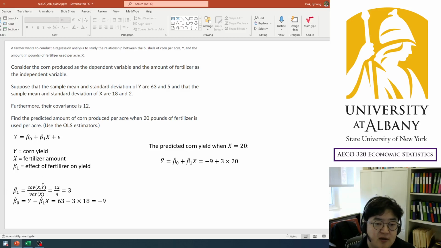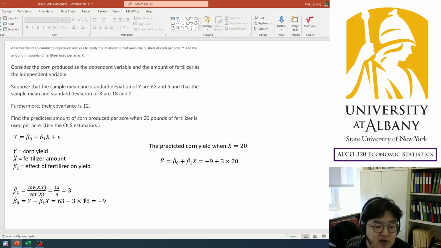Beta 1, the OLS estimator, is calculated as the ratio between covariance and variance, which are given. Covariance is 12. Variance of x is the standard deviation of x squared. So standard deviation of x is 2, so its variance must be 4, 2 squared. So as a result, beta 1 is 3. And then the intercept, beta 0, requires sample means. Y's sample average is 63, x is 18, and beta 1 is used here again.